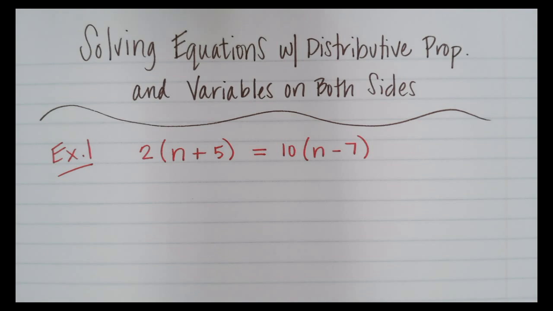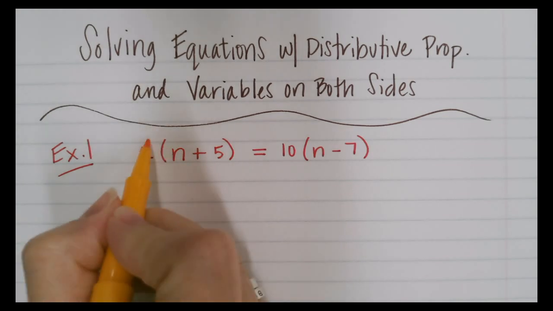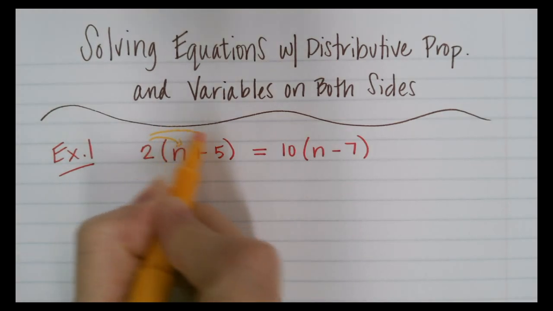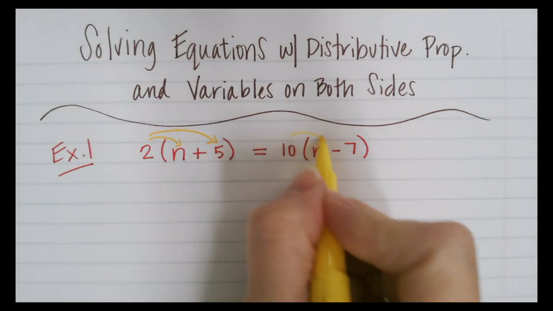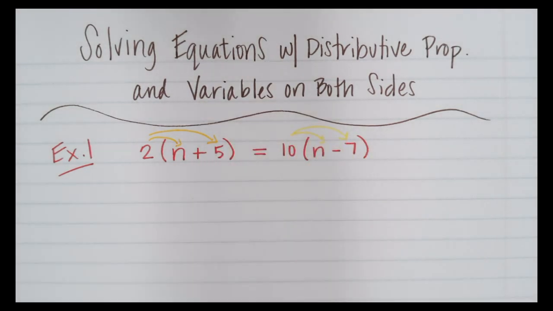First thing that always happens, we need to get rid of the parentheses. So in order to get rid of the parentheses, we need to distribute the 2 on this side, and then separately, on the other side, distribute the 10.